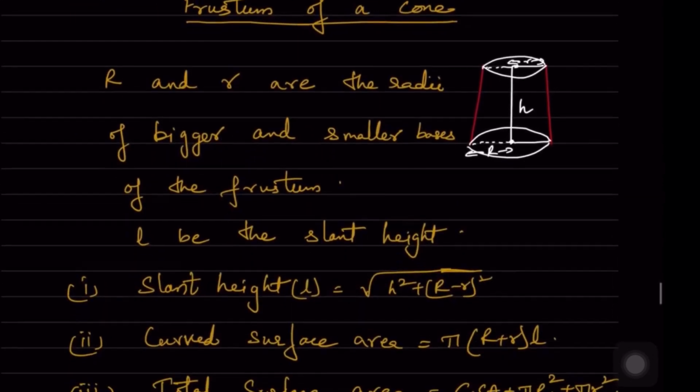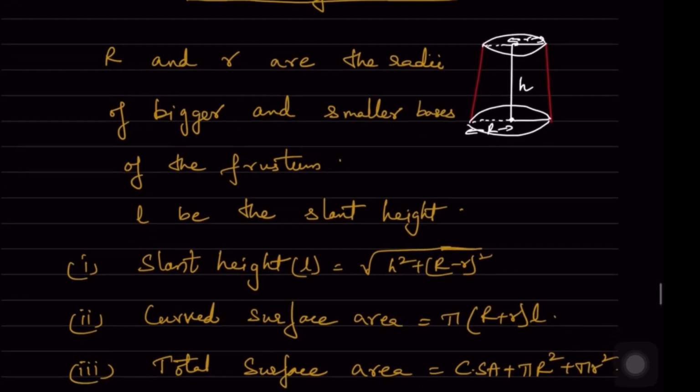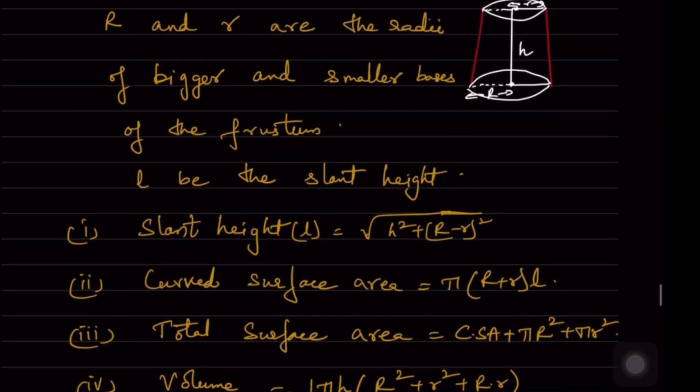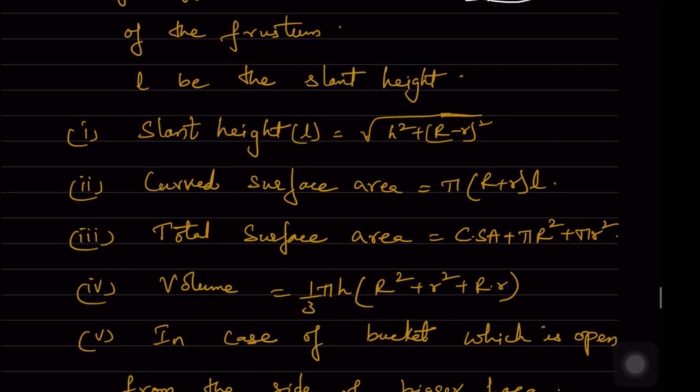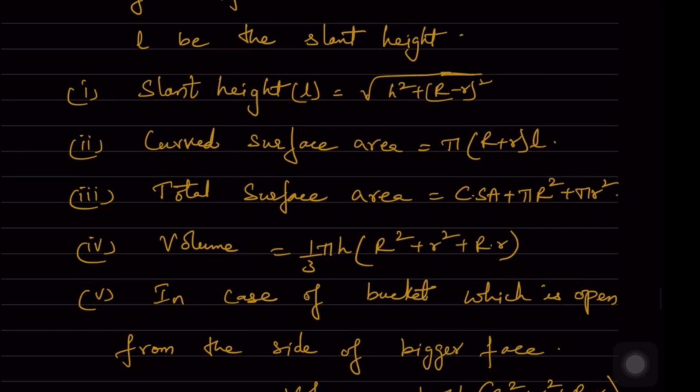Now frustum of a cone. Capital R and small r are the radii of the bigger and smaller bases of the frustum. Let L be the slant height. The slant height is root of h square plus capital R minus small r whole square. Curved surface area is equal to pi into capital R plus small r into L. Total surface area is equal to CSA plus pi capital R square plus pi small r square.